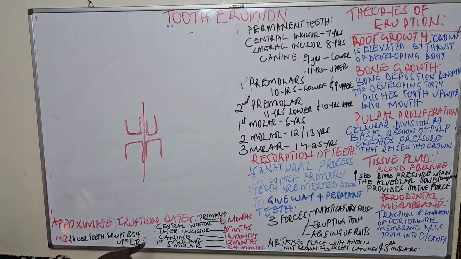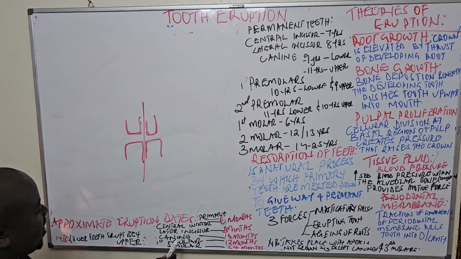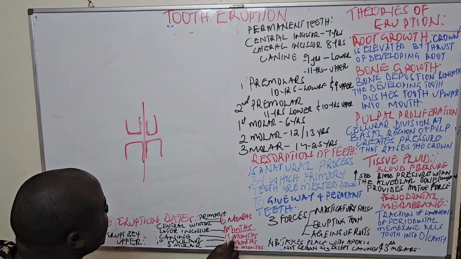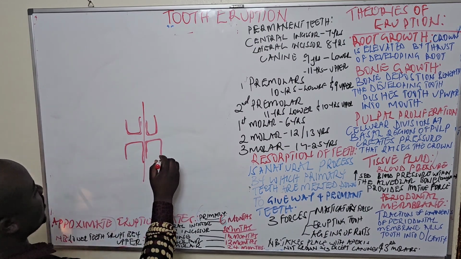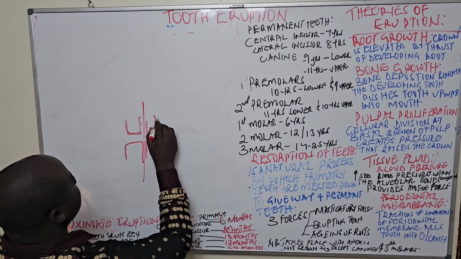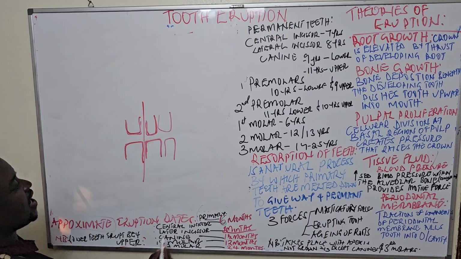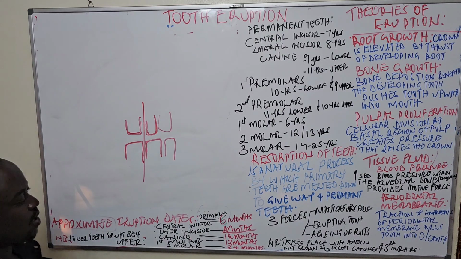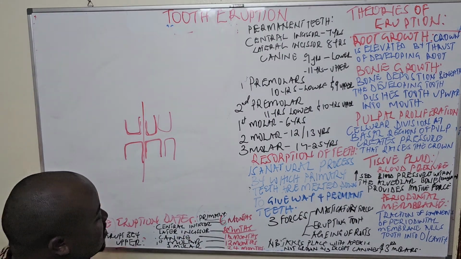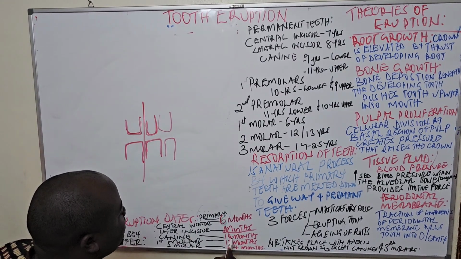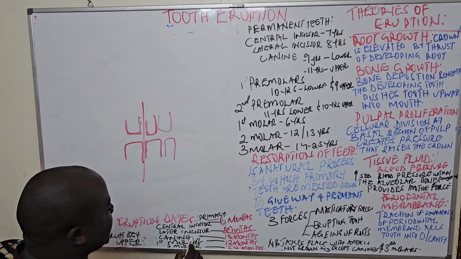Lateral incisor. The lateral incisor, we have it at 8 months. The next one will be a canine, at 1.5 years. But 1.5 means that we shall wait a bit before having a canine.